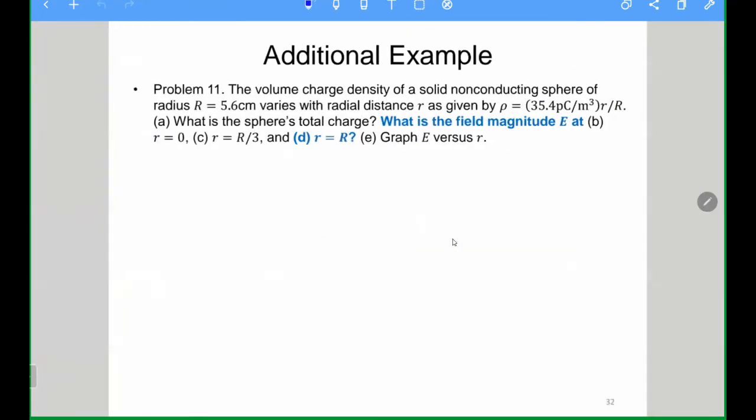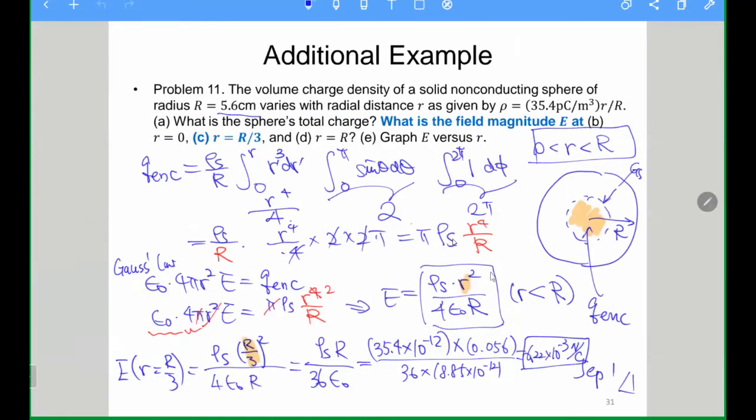Okay, so the next part is when r is equal to capital R. Nothing special, we can just substitute r equals capital R into the expression.